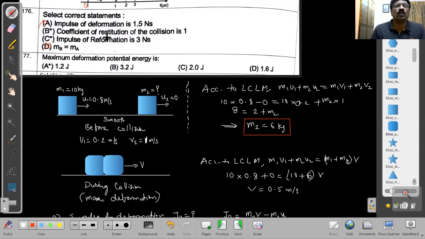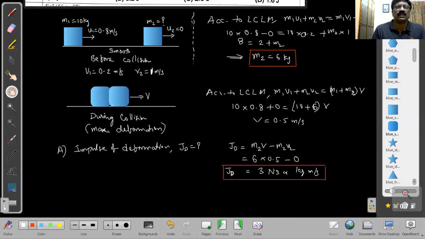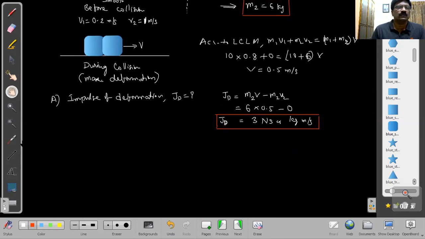Next, B, coefficient of restitution they asked. Coefficient of restitution is given as 1. Is it correct or not? We have to check. Coefficient of restitution is equal to V2 minus V1 by U1 minus U2, no?